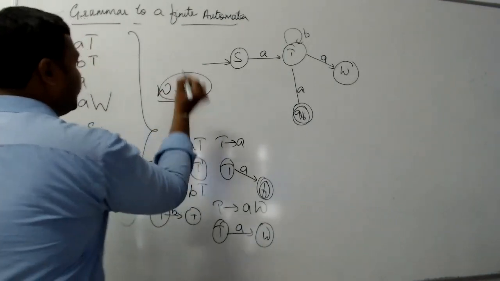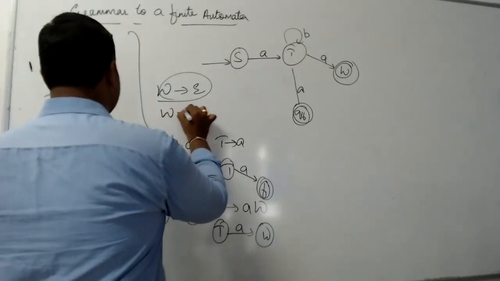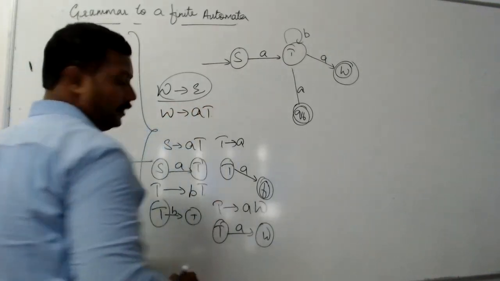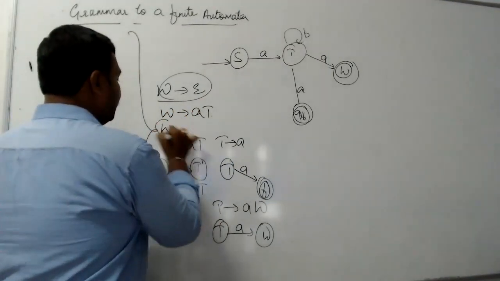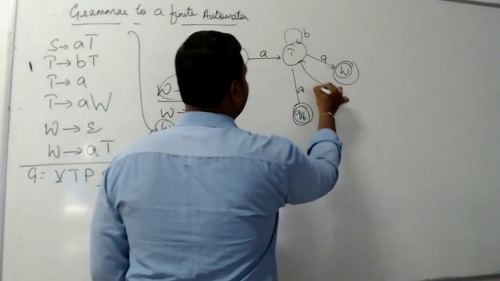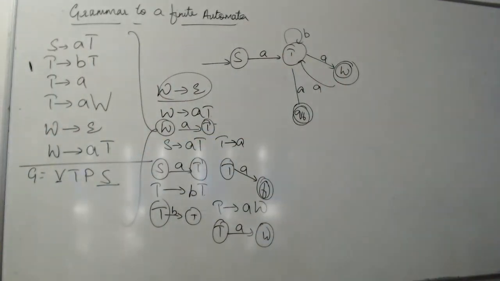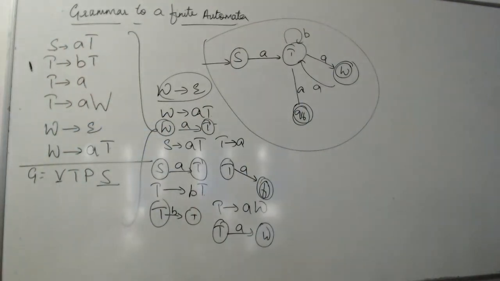So any production with epsilon will become your final state. Next, W tends to AT. So this production is W, A upon T. So this will be your A, okay. This is the given finite automata for the grammar.